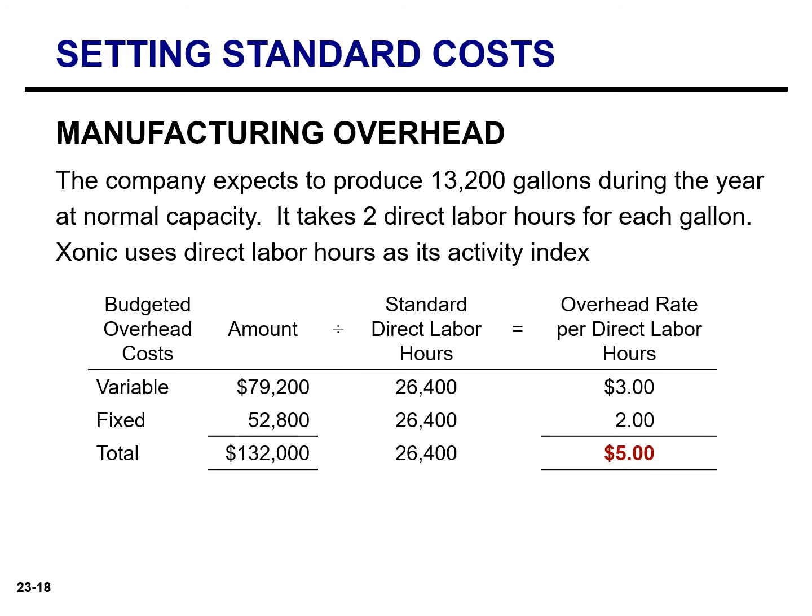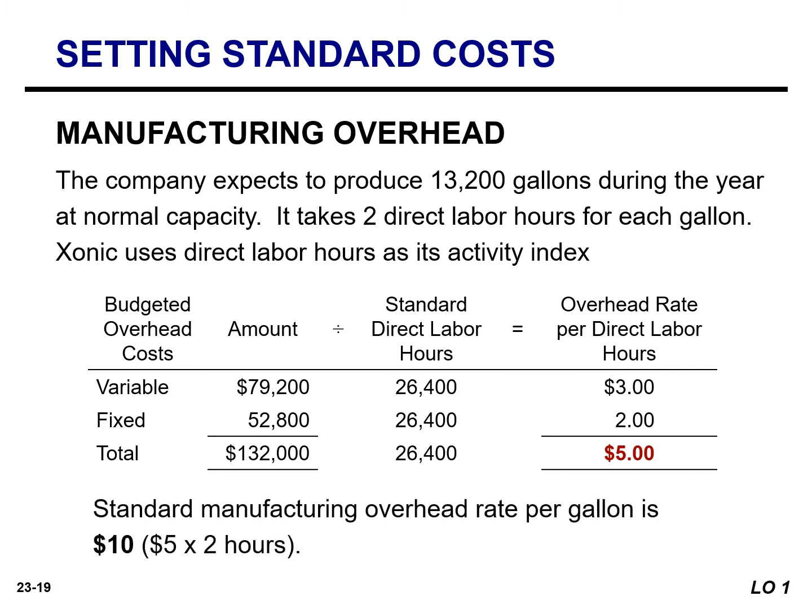Overhead costs are expected to be $132,000. Of that amount, $79,200 are variable and $52,800 are fixed. We divide the overhead cost by the standard direct labor hours to arrive at the standard predetermined overhead rate of $5.